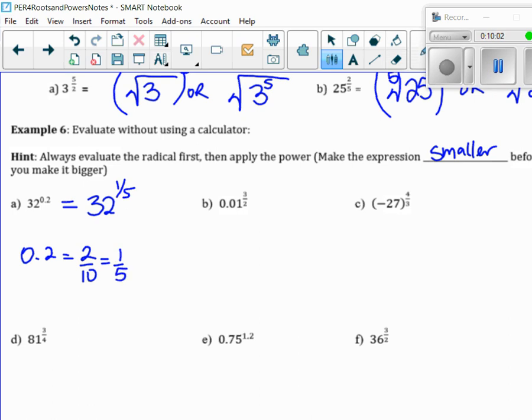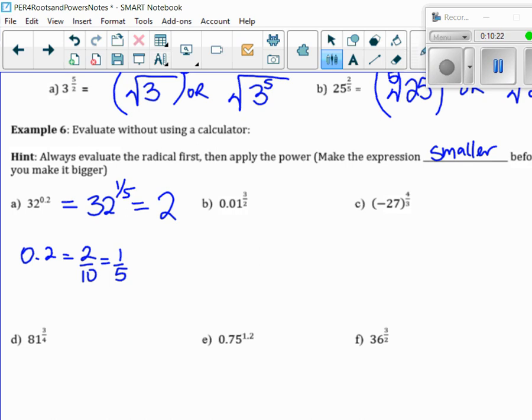Does that make sense to you now? Okay, so what is 32 to the 1/5? It's the 5th root of 32. So what is it? Yeah, 2. Because 2 to the power 5 is 32, so the 5th root of 32 is 2.